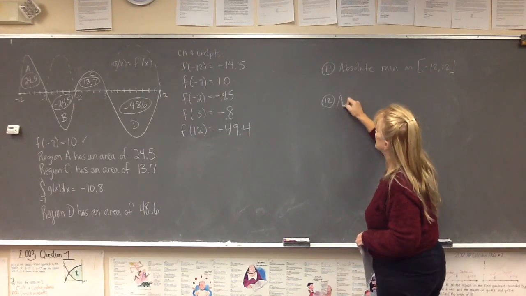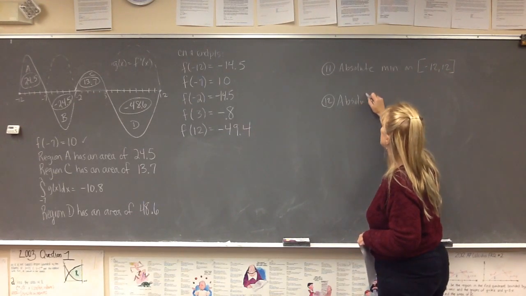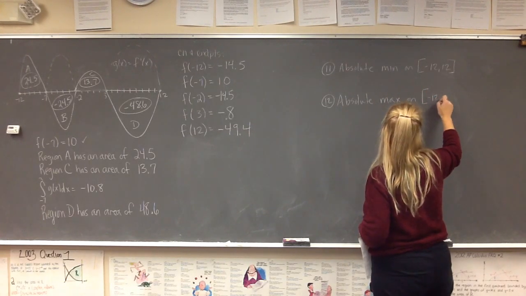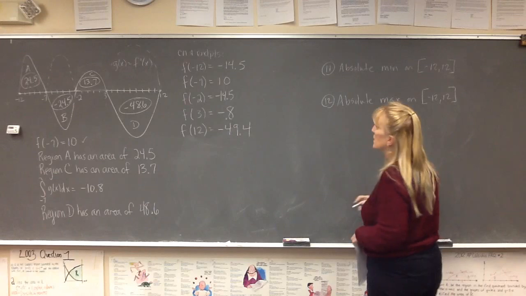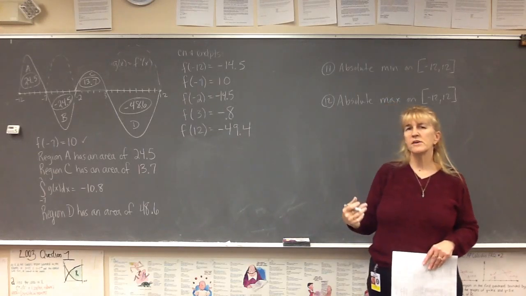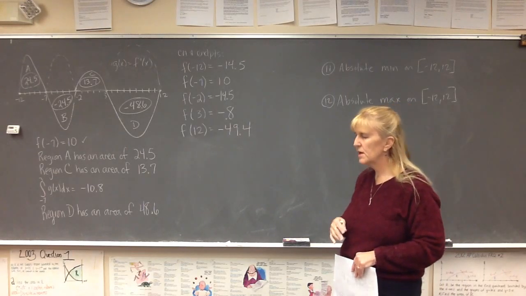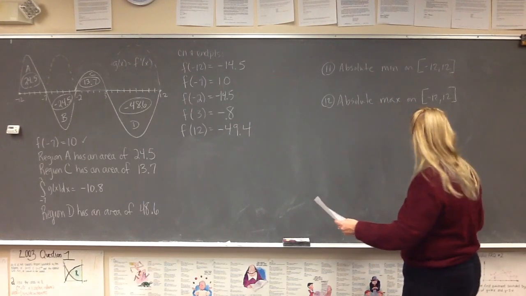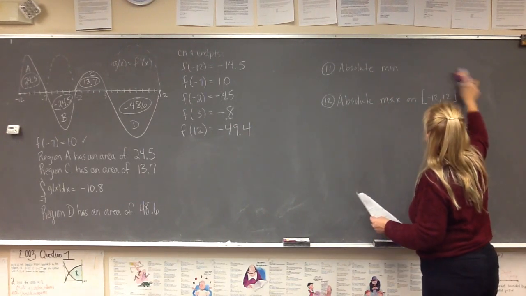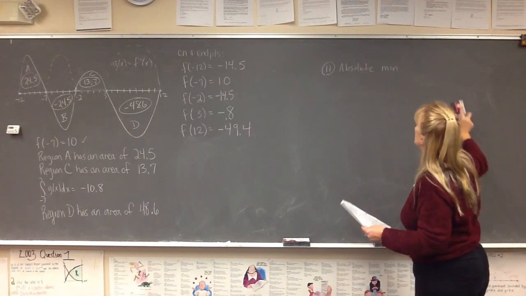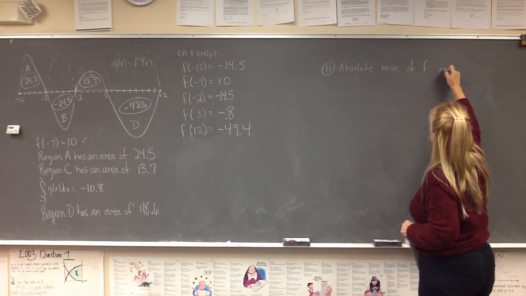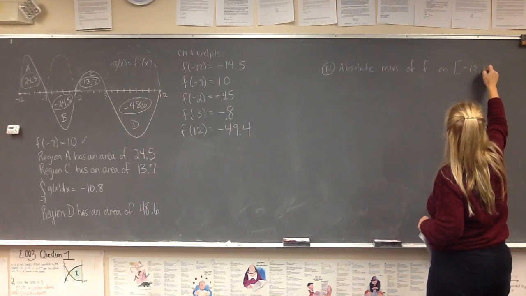And the next one says, what is the absolute max of f on negative 12, 12. Okay, well, as long as our function is continuous, and I'm talking about, yep, I did it. Absolute min of f on negative 12, 12.